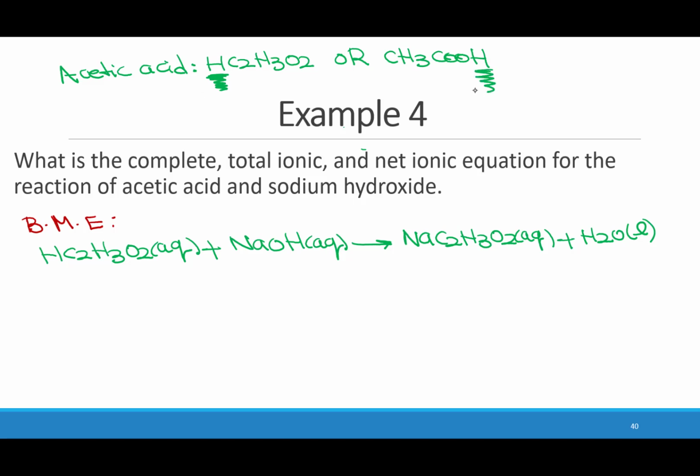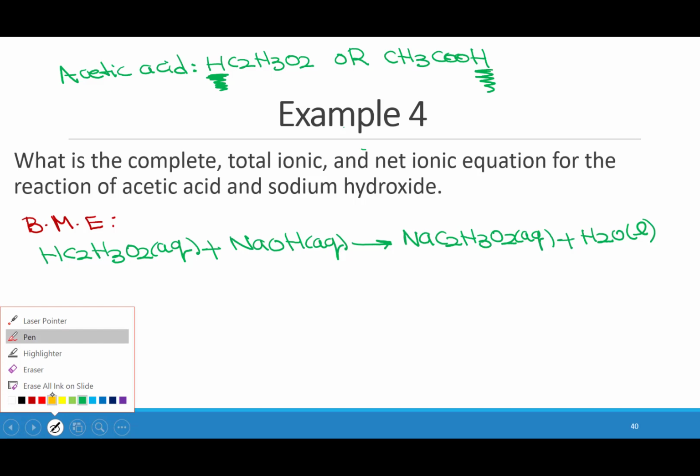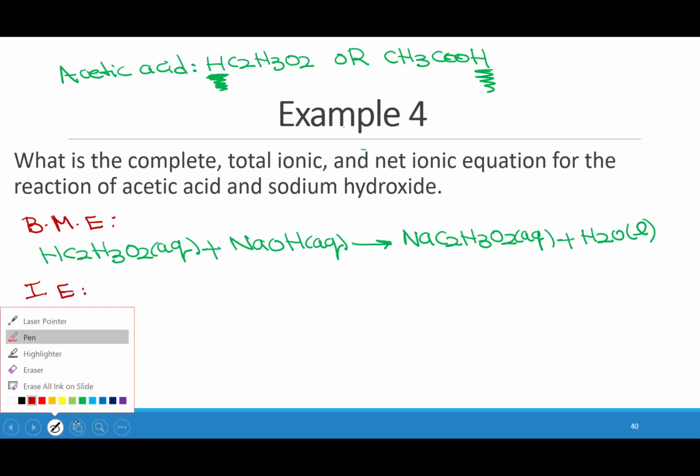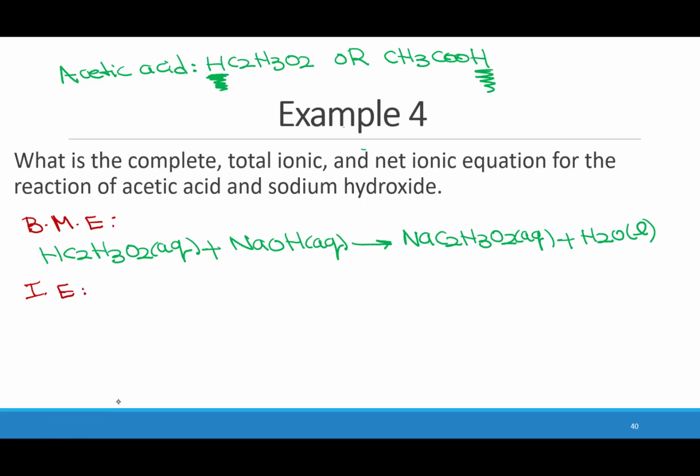As I said, that's the hydrogen that is going to come off, or it's the indication of this compound being an acid. Whichever you write is correct. Now let's write our ionic equation. Acetic acid is a weak acid. Weak acids do not separate, they stay as is.